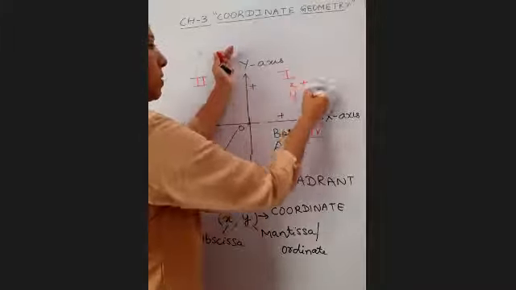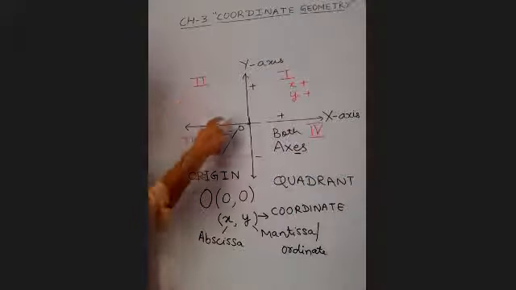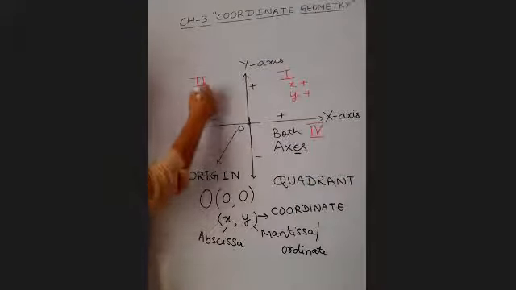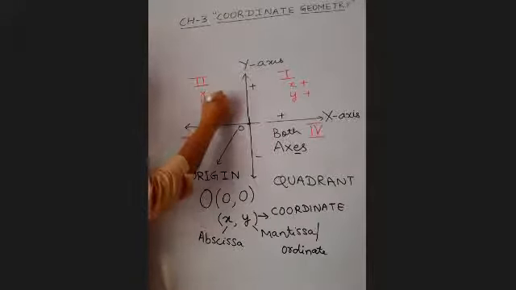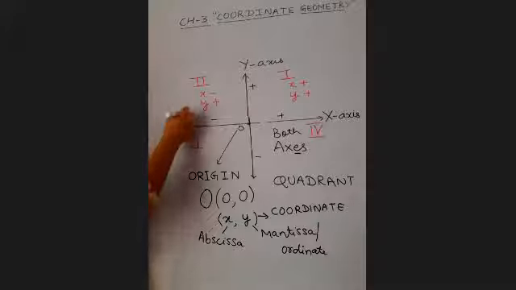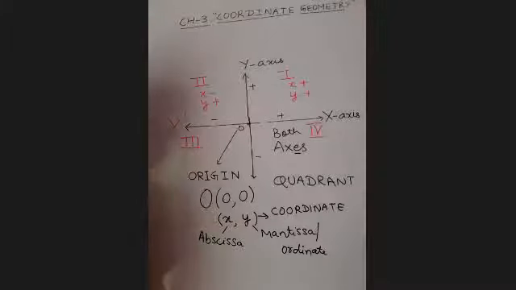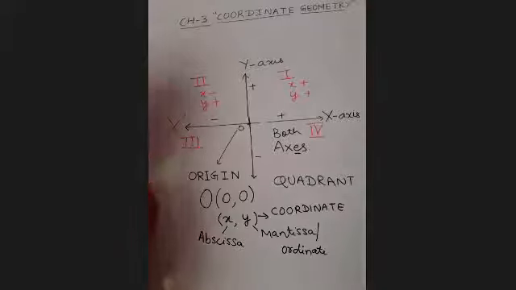In quadrant 2, x is negative, y is positive. Children, the negative direction of the x-axis is also represented as x dash. X dash means the negative side of the x-axis.